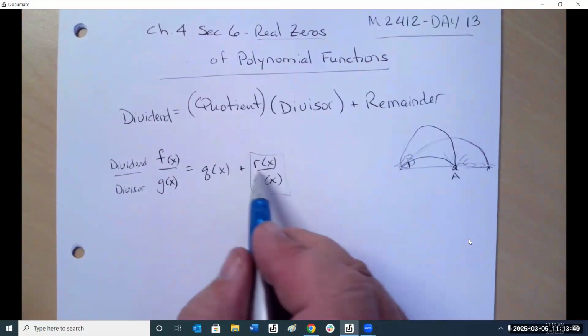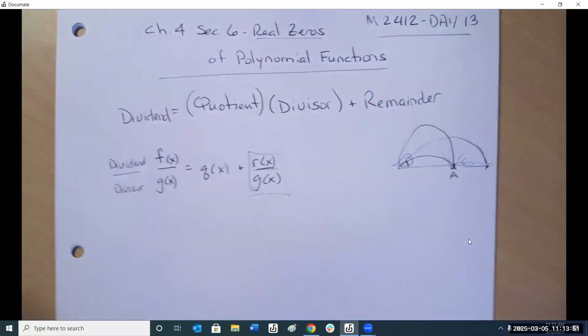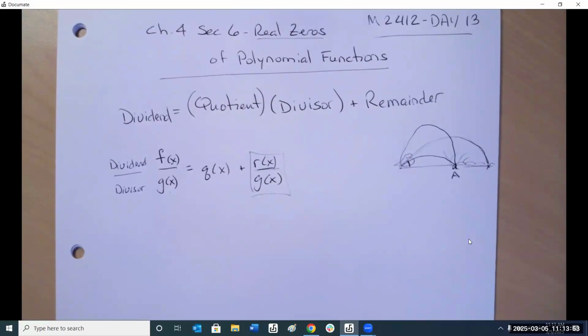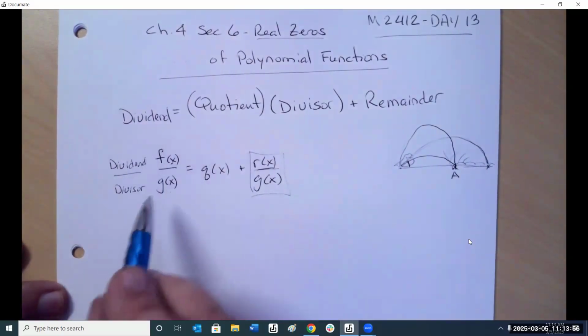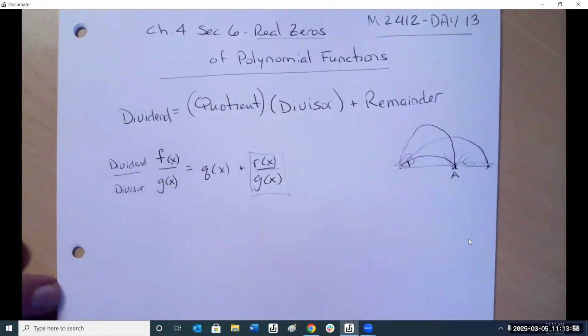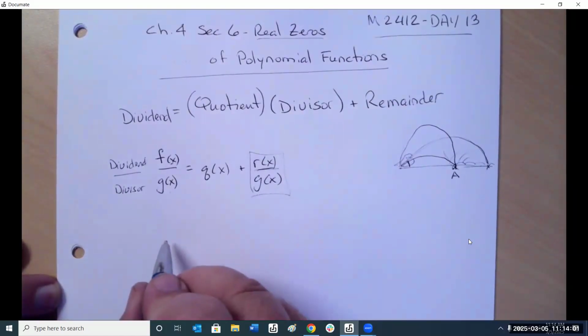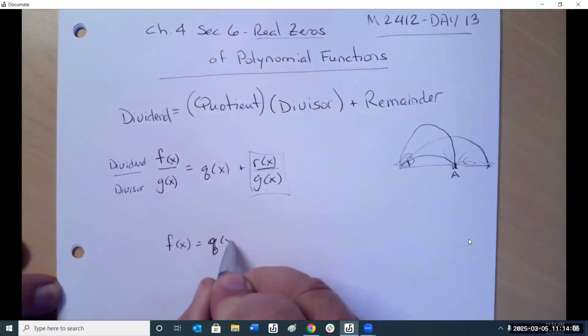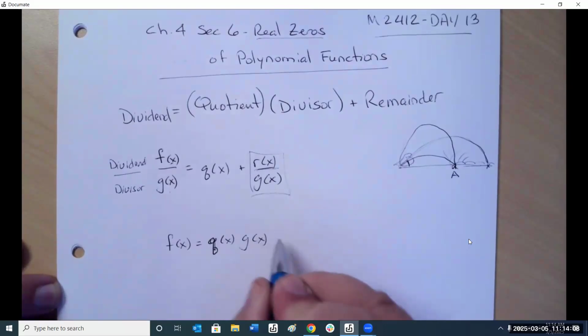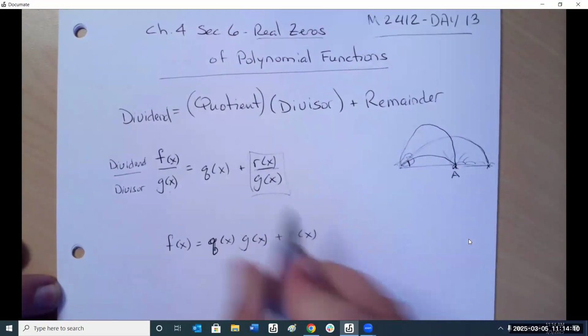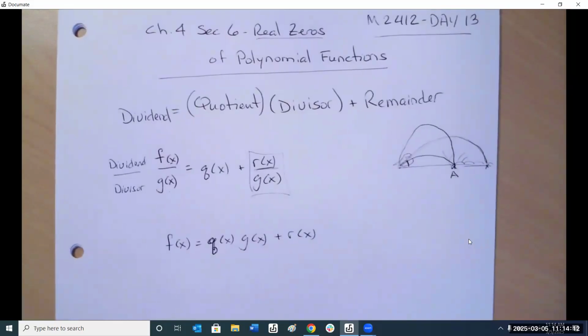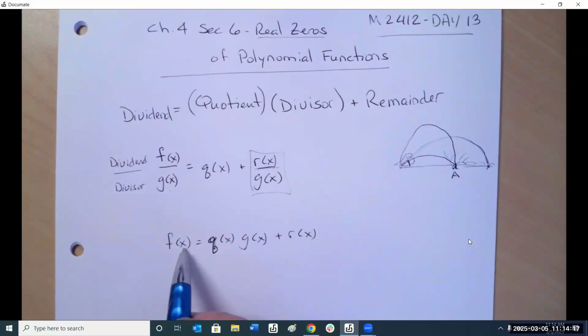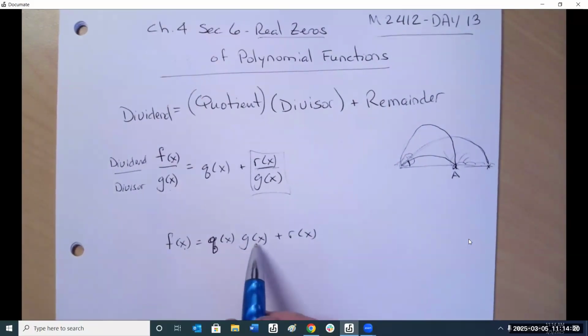The remainder is over the denominator. Now if we multiply both sides by the denominator, we get f of x equals q of x times g of x plus r of x. So you have your dividend equals your quotient times your divisor plus your remainder.